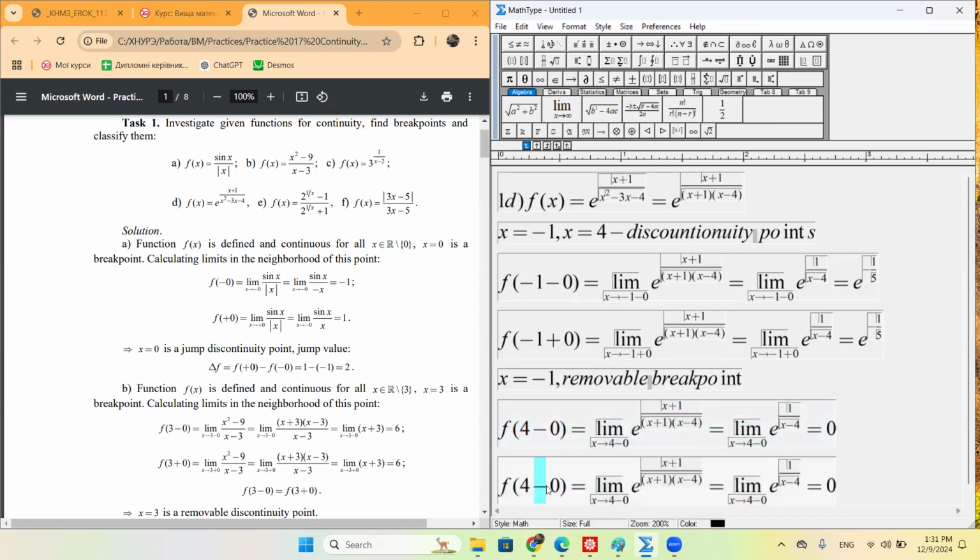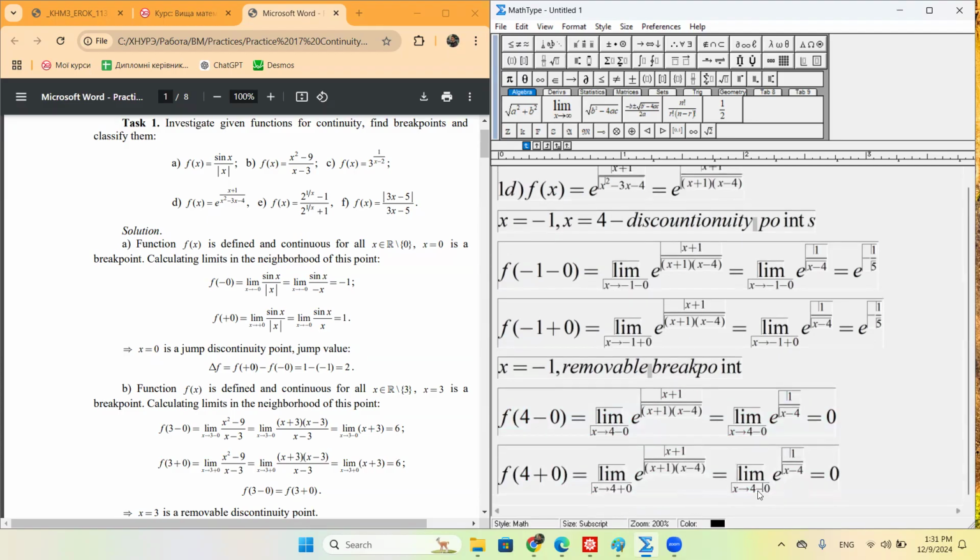And now let's check plus 0. In this case we receive e in the power of 1 divided by plus 0, so e in the power of plus infinity. So the value of the limit is plus infinity.